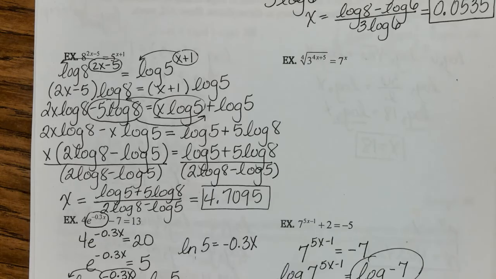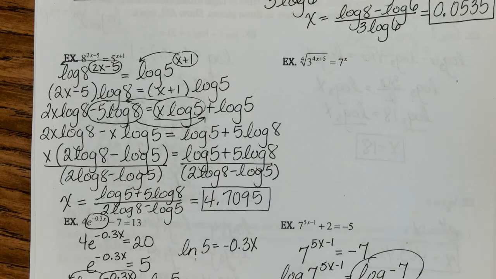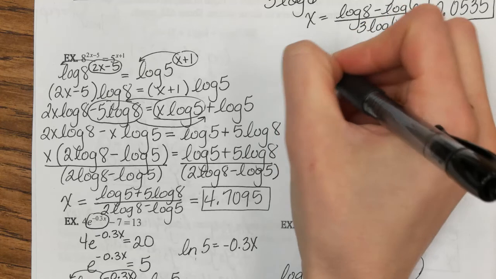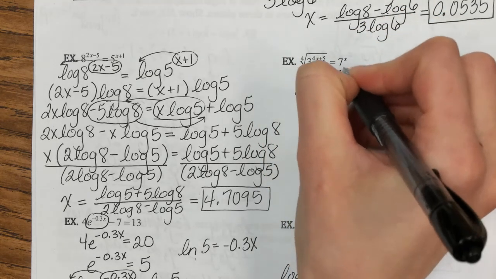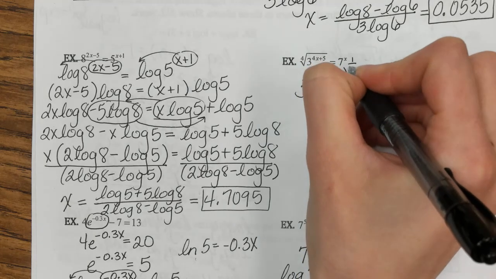We're going to push through, and I'm just going to do this one. So I've got the 4th root of 3 to the 4x plus 5 power equals 7 to the x power. I'm going to manipulate this into 3 to the 4x plus 5 raised to the 1/4.